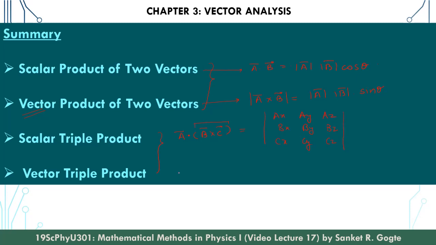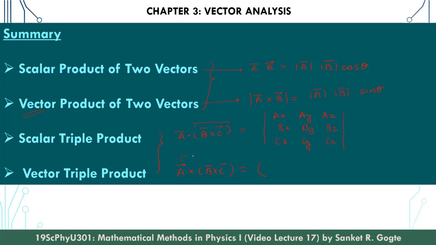This is a vector product. It is A cross B cross C. Now B cross C is a vector, and then in the end we are taking the cross product of two vectors, and therefore this turns out to be a vector quantity which can be calculated by this equation.